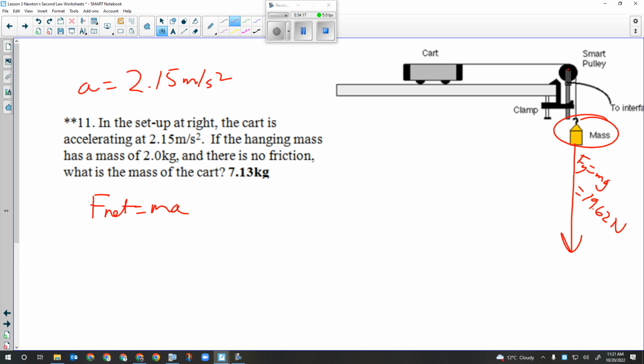If I put this question on a test, I get 9.13 kilograms all the time, because people forget that when they do this, they are calculating things about the whole system, not one part of it.